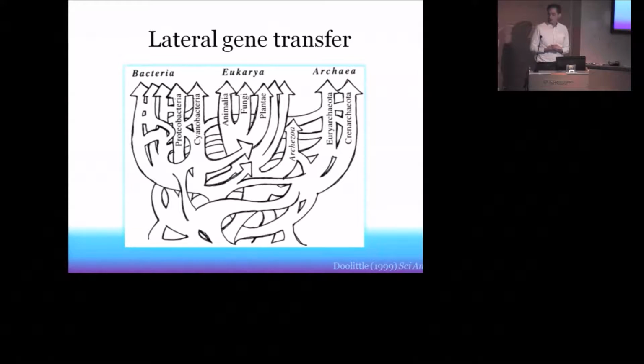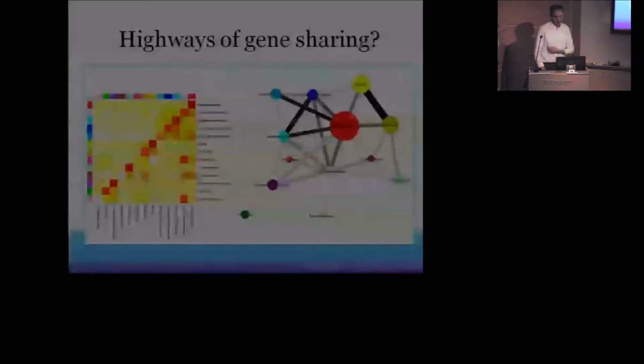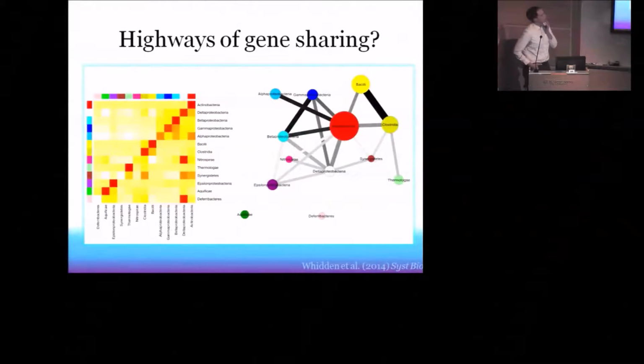So this is a useful thing to think about, and we cannot really understand microbial evolution without considering LGT, which is pretty much a central process as microbes evolve and adapt and deal with new situations and grab new opportunities. And so we've done some work over the years looking at what I call highways of gene sharing.